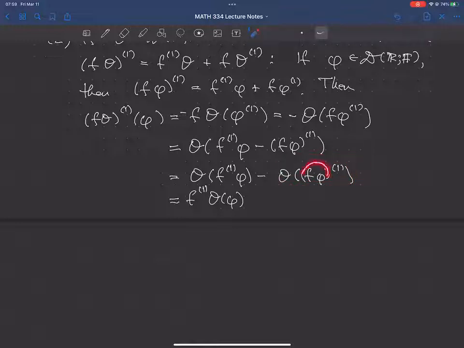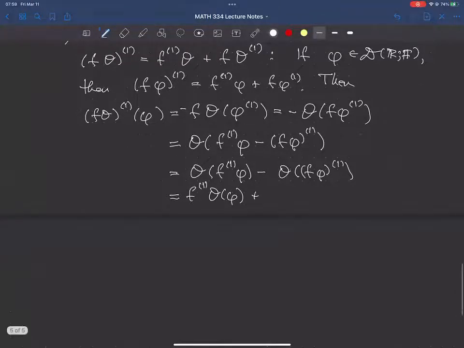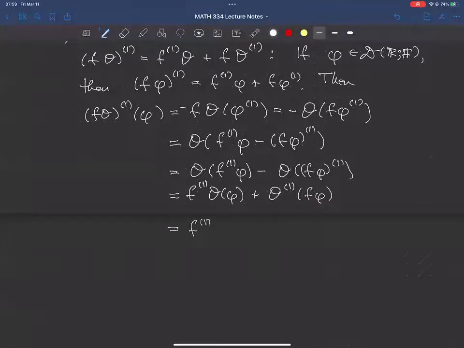Because here I have this test signal with the first derivative. And so by definition of the derivative, this is plus, so I get two minus signs that cancel out, theta 1 applied to f phi. Okay. And then I can finally simplify this second one. Okay, so it's f 1 theta of phi plus f theta 1 of phi. Okay, and that's what I wanted to show.